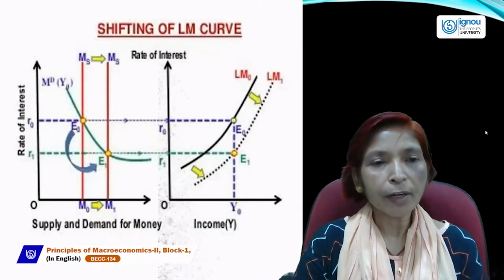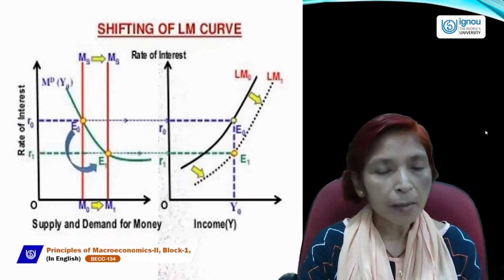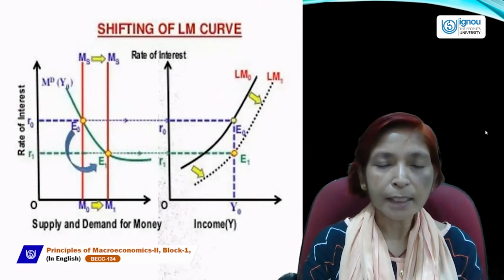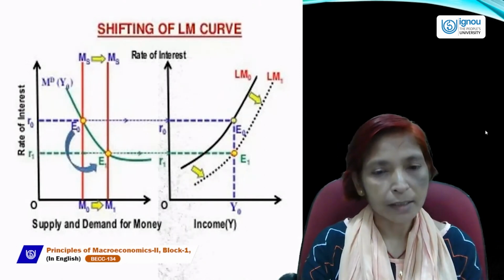Next is the shifting of the LM curve. The LM curve can be shifted either to the right-hand side or left-hand side.